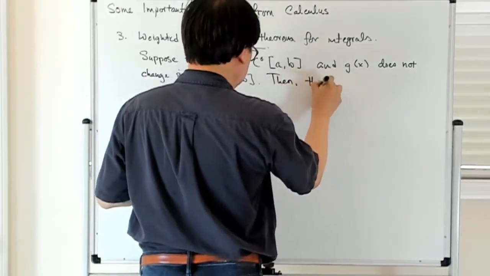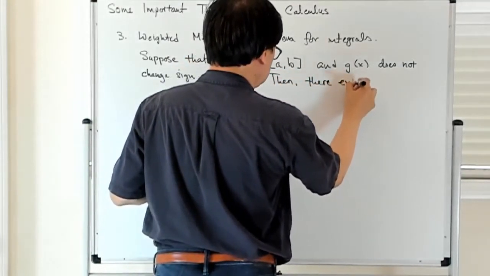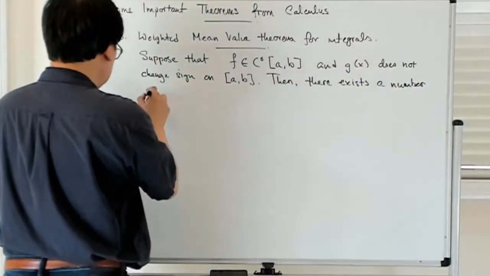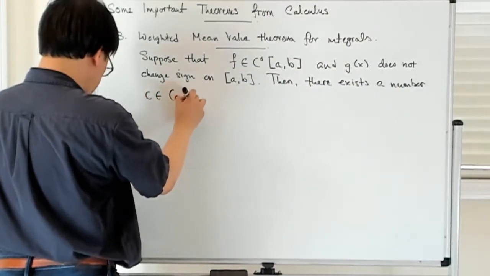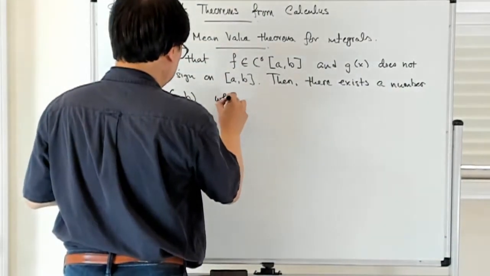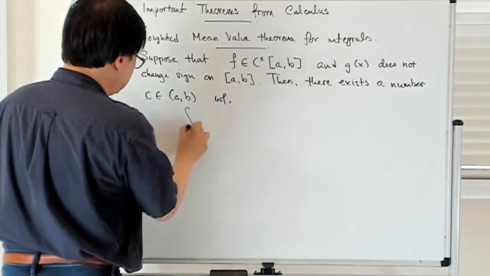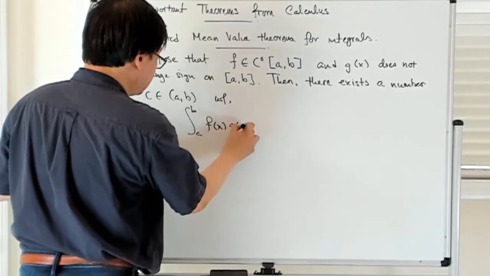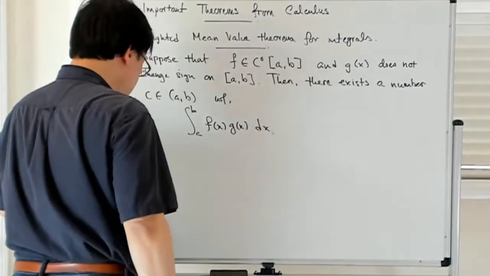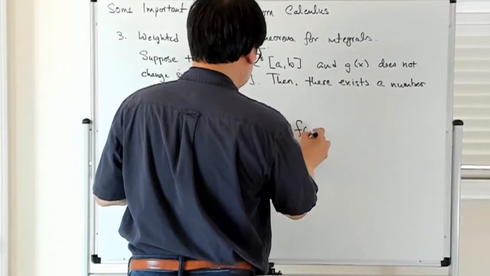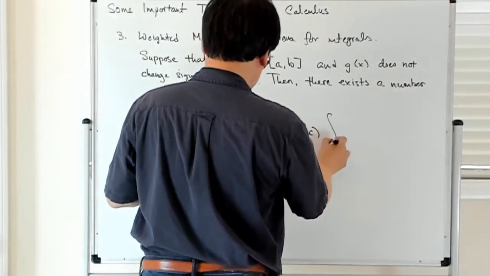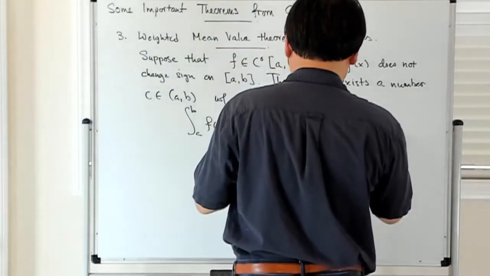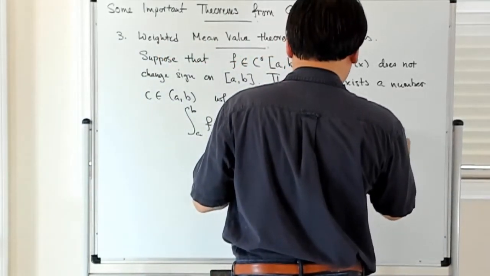Then there exists a number c in the interval from a to b with the property that the integral from a to b of f of x g of x dx is equal to f at this point c, times the integral from a to b of g of x dx.